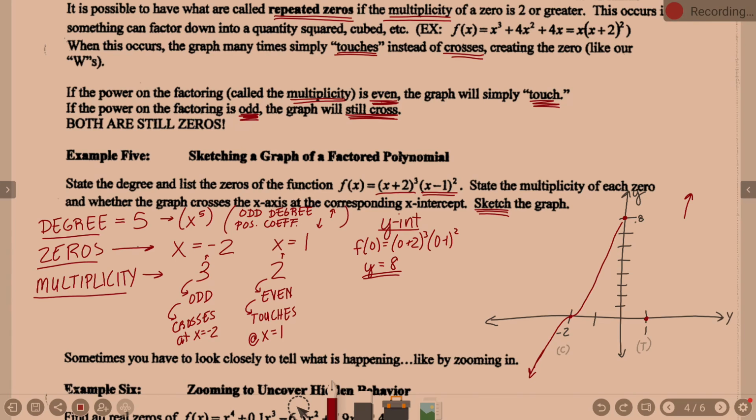I think it's close, but it's not exactly that necessarily. But the idea is you could cross through and max over here. I'm just trying to get up in that area. Where do I have to go next? 1. We have to go down to 1. And what do we do at 1? We touch. Touch is basically you're going to make a minimum there.